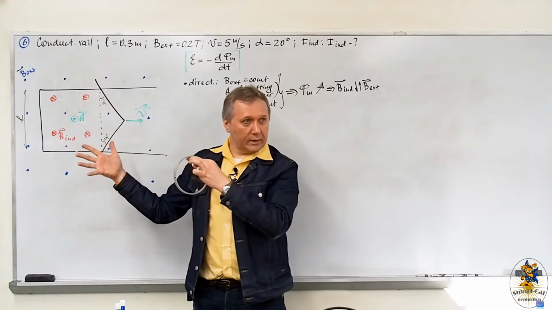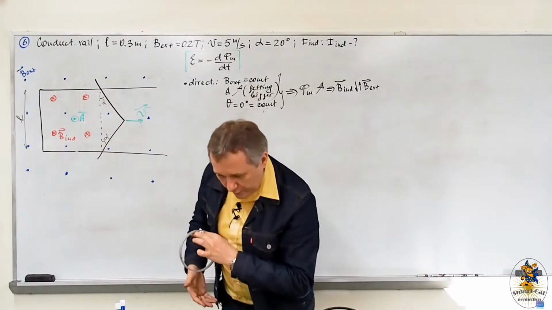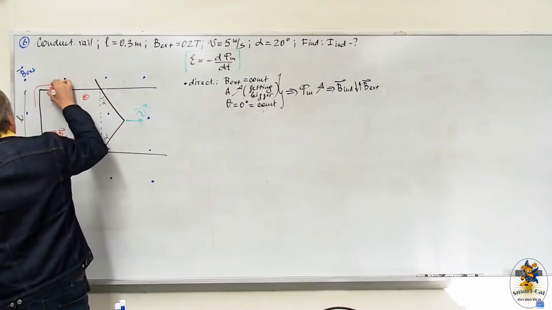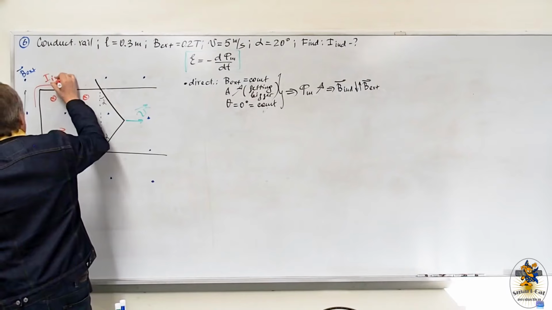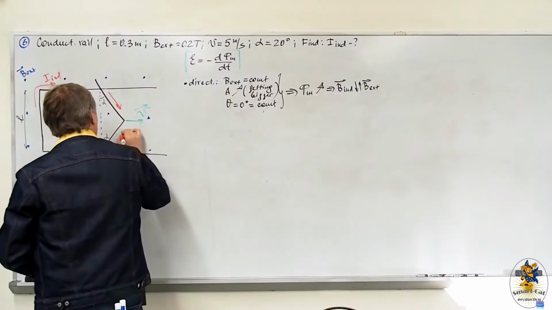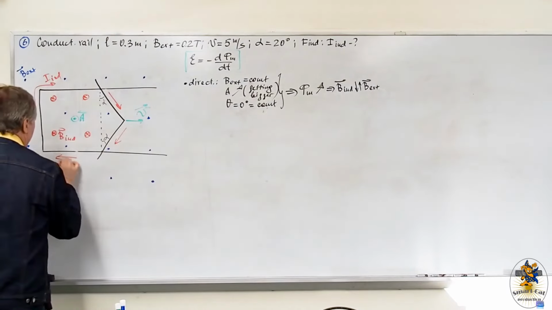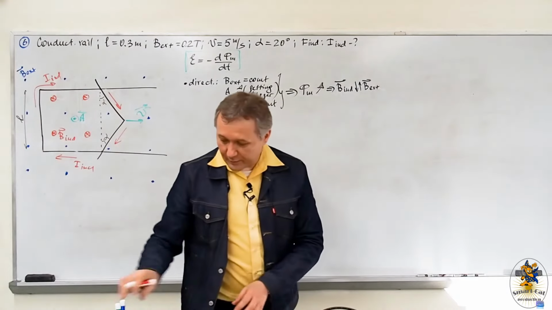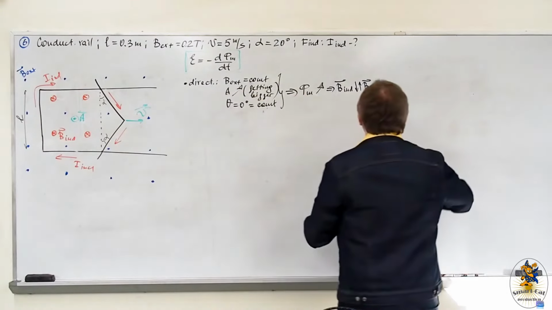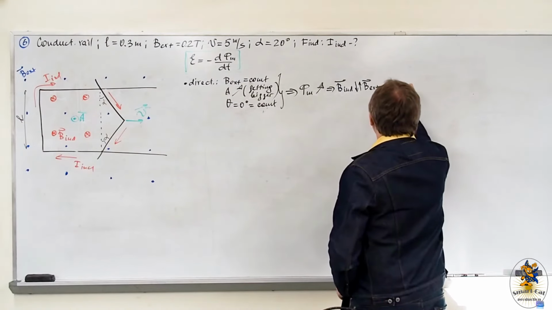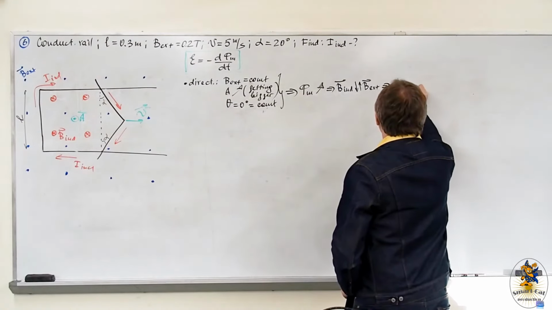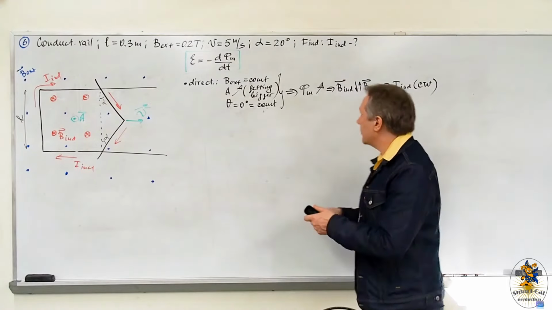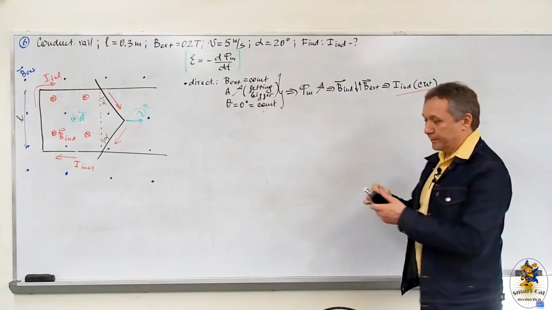Let me check. Yes, clockwise. So this will be I induced. We found the direction of the induced current: I induced is CW. Great, first part of the problem solved.